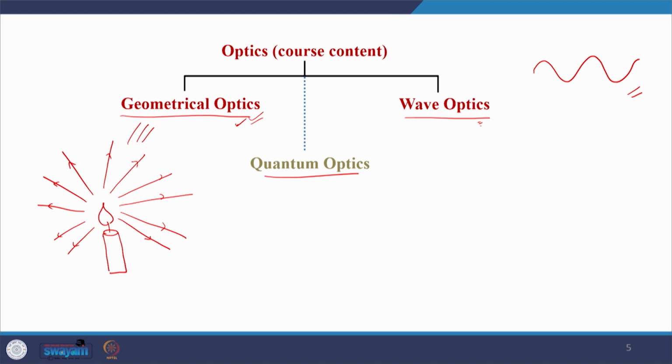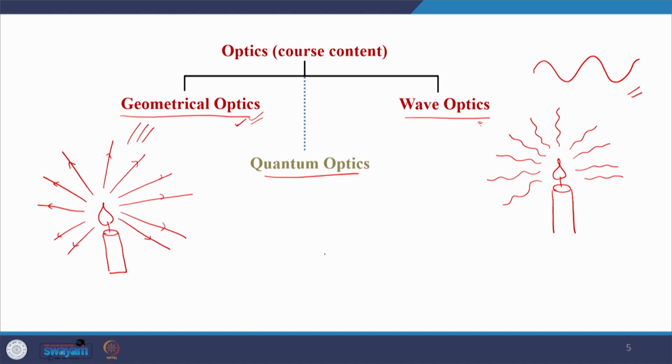If you want to understand the same phenomenon of light emission in wave optics, then again let us draw this candle, and here we say that waves are emitting. It is a rough description, but still okay. The emission here is explained through this wave picture, which is nothing but a wavy line.